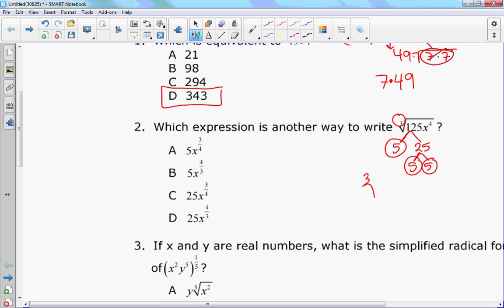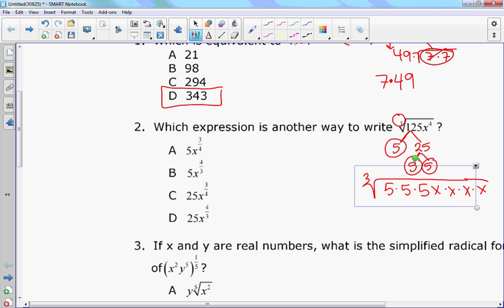So in my cube root, I have 3 5s repeatedly being multiplied. And what else do I have? I'm not going to write x to the 4th power. I'm going to write x times x times x times x. I want to expand everything so I can look for groupings the size of the index.